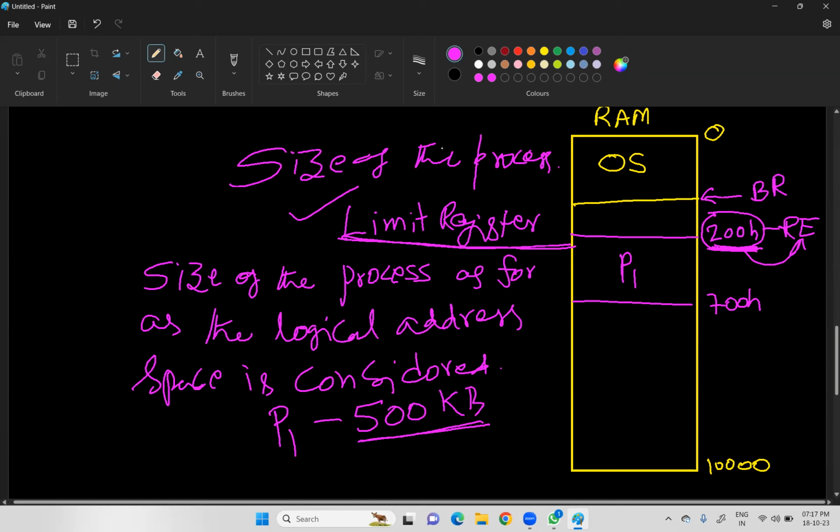That's what you need to remember. Therefore, this limit register and relocation register are used for managing hardware support for memory protection.